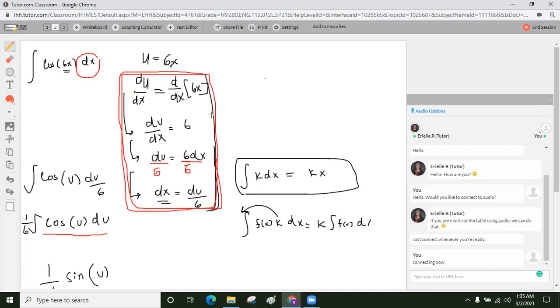But suppose I had, let's say, u is equal to 6x. Let's say I was right here, and then I just said, okay, the integral of cosine of u dx, right?